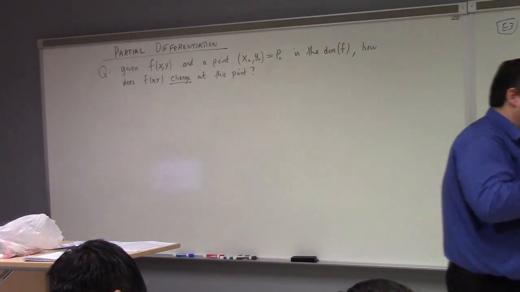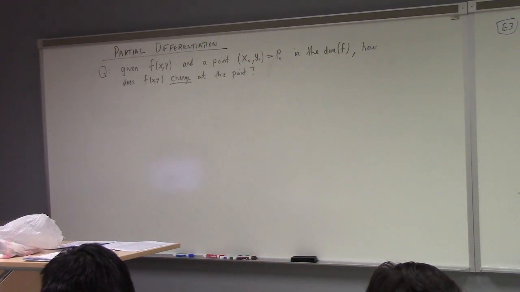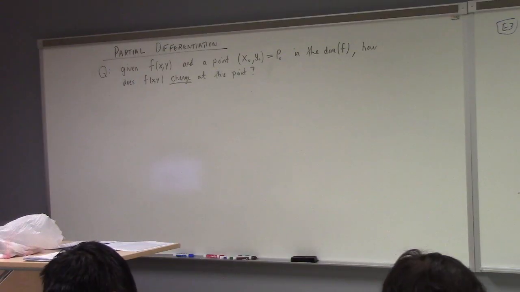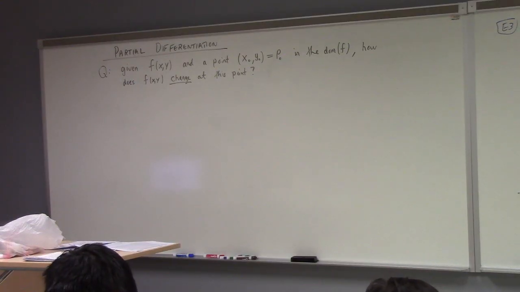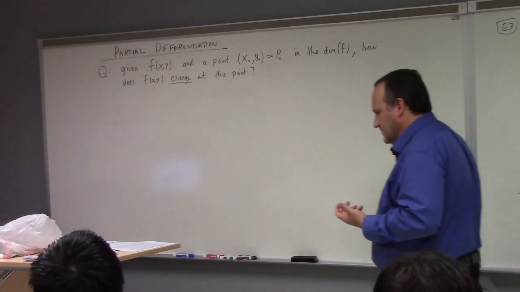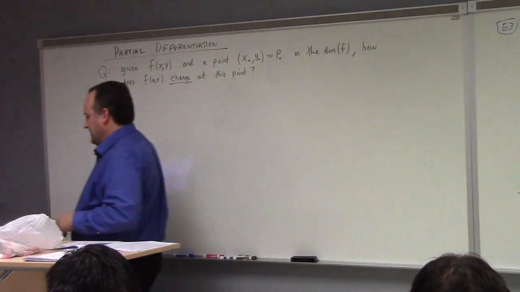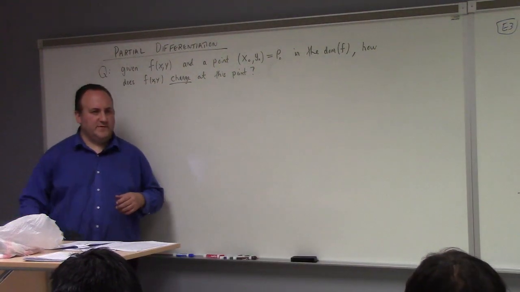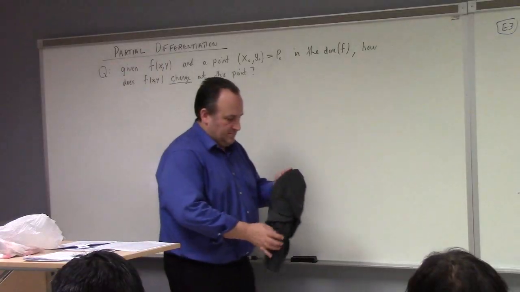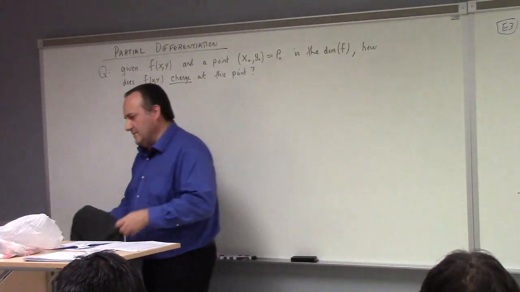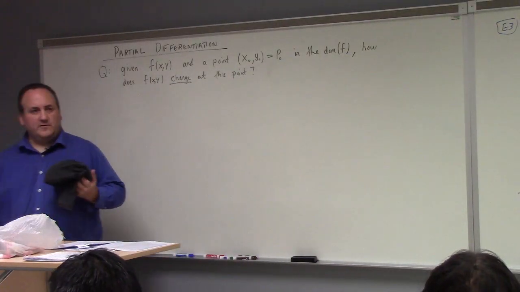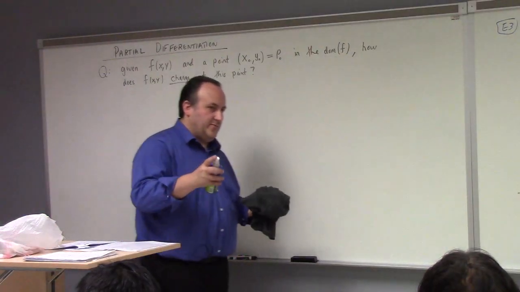So think about that question for a second. We just had this conversation, left versus right. Does this question even make sense without further stipulation? We need to add something, don't we, in order to understand the change of a function of two variables at a point.